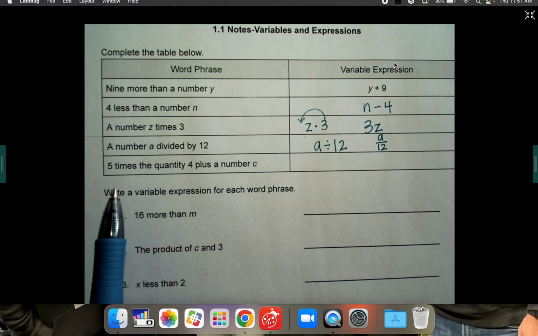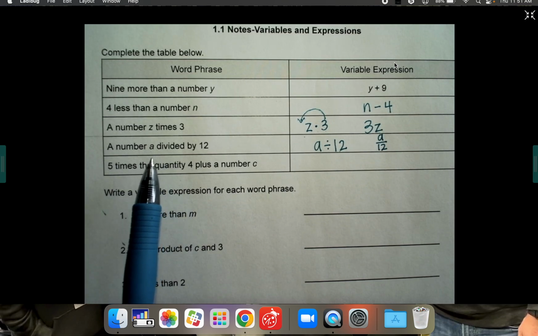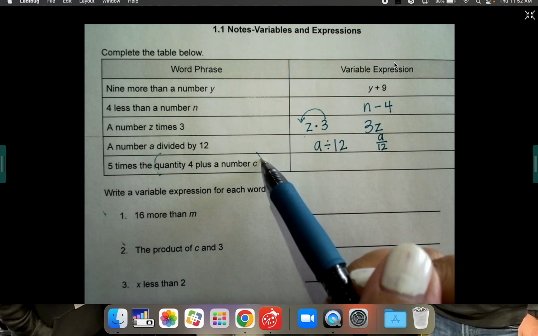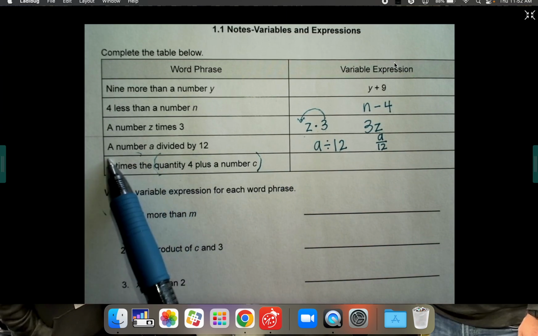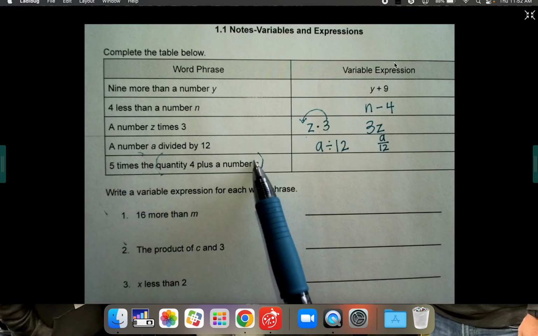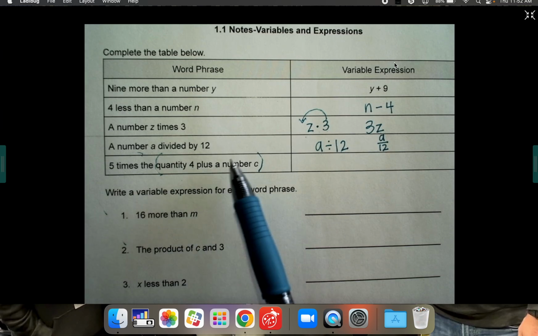Okay, this last one is a little tricky. 5 times what? 5 times, well, the quantity of 4 plus a number c. So the whole thing is 5 times this part. So I would write this part in parentheses, kind of like I've done here, and then you've got the 5 times the whole thing.